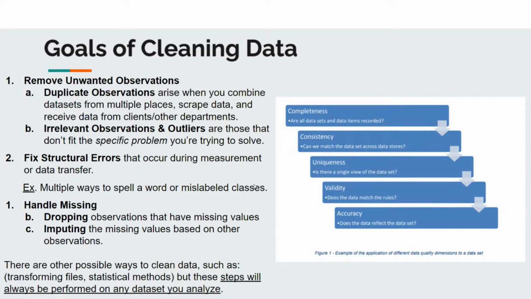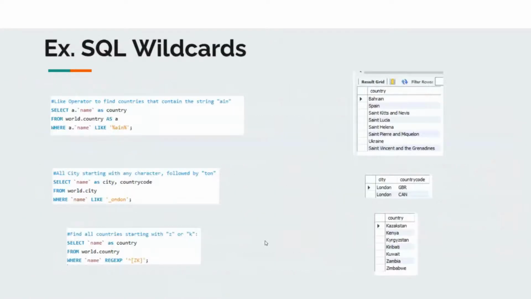So whether it's removing unwanted observations, fixing errors, or handling missing values, now you have some of the tools to do that, whether it's through a case statement, text wildcards, text functions, or any number of functions to clean up data. They will help you get that data where you need it for your purpose or analysis. Oftentimes when it comes from a different source, it's not perfect, and you'll have to do these things to get it to where you need.